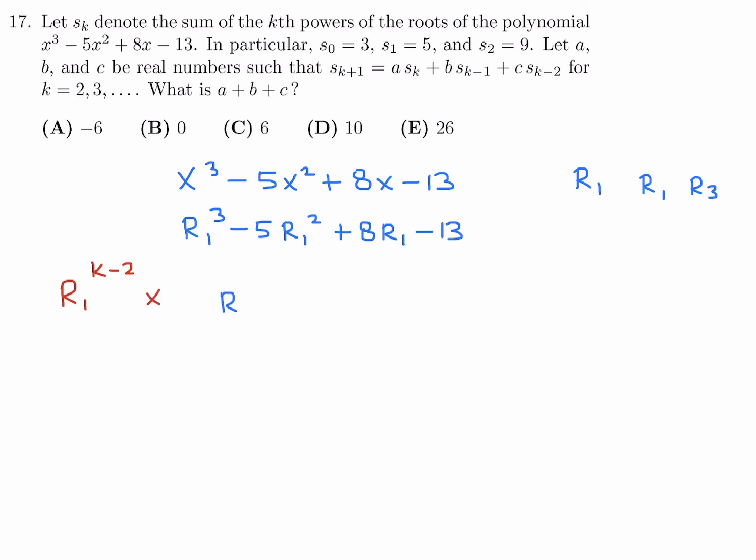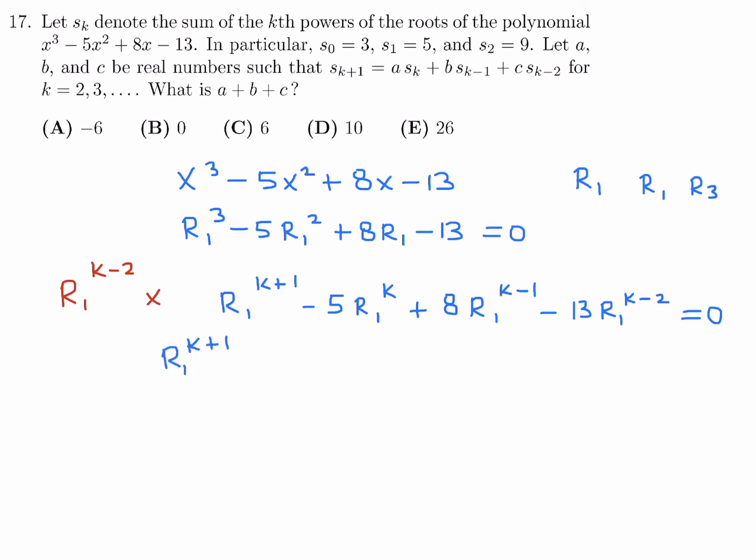It would be r1 to the k plus 1 minus 5 r1 to the k plus 8 r1 to the k minus 1, and then minus 13 times r1 to the k minus 2. And because it was a root, we can set it equal to 0, because when you put in the root, it equals 0. So this all equals 0. Rearranging this a little bit, putting the r to the k plus 1 on one side and all these guys on the other side, we get the following.